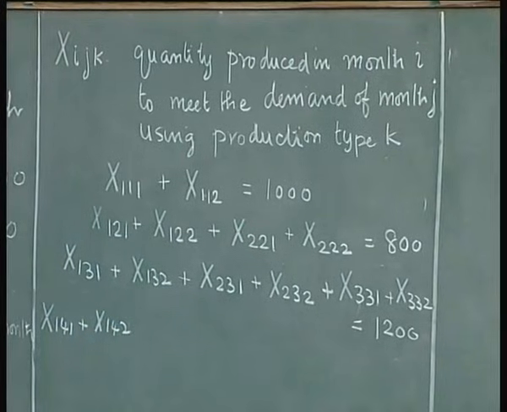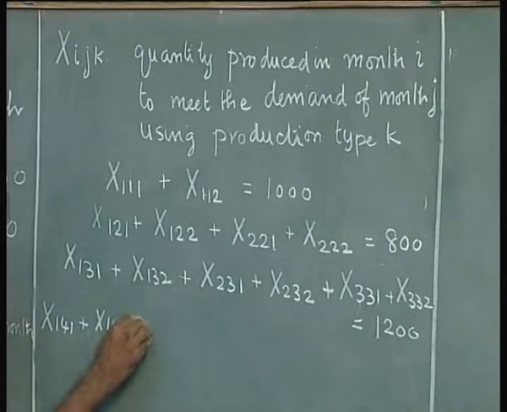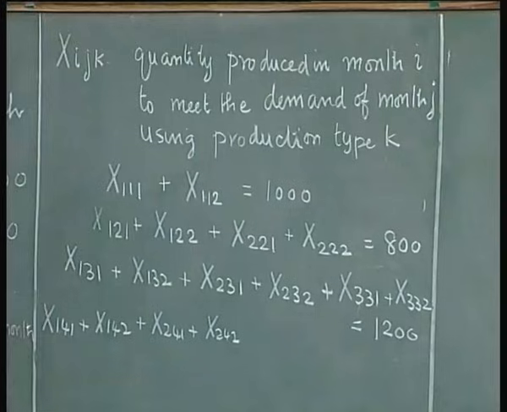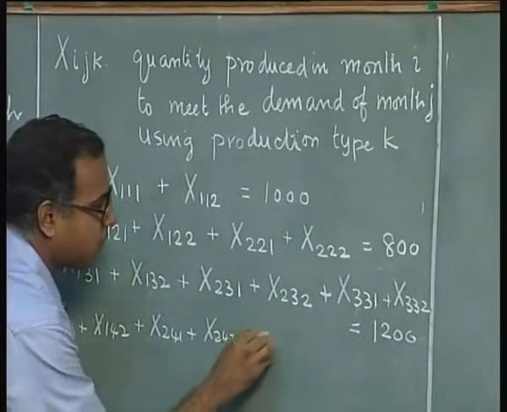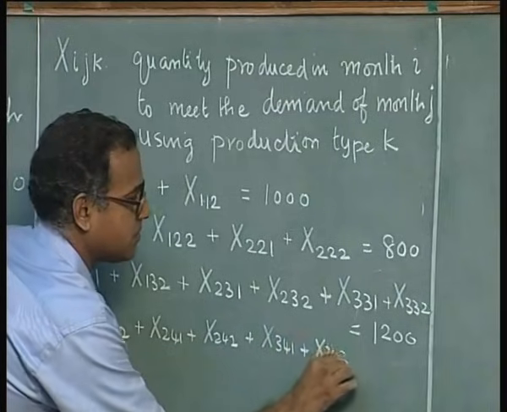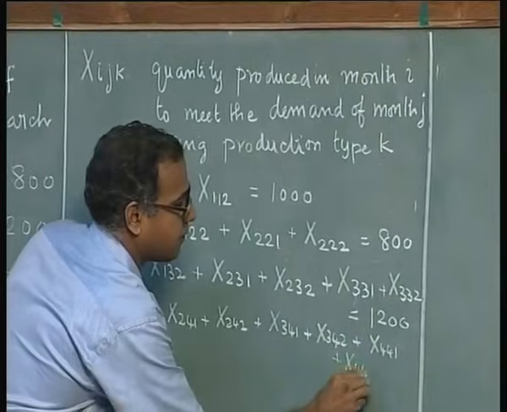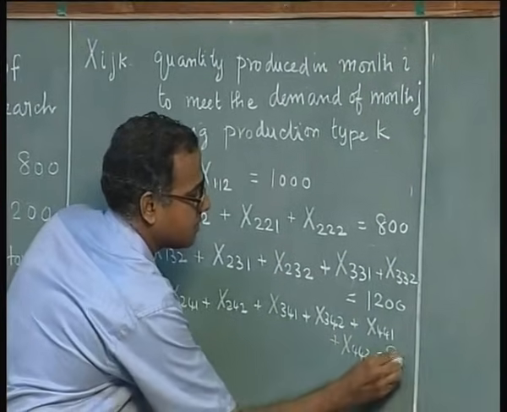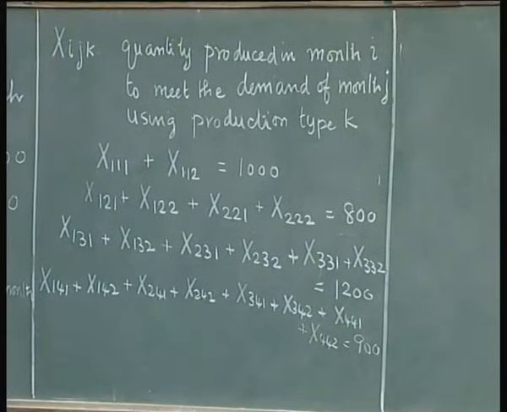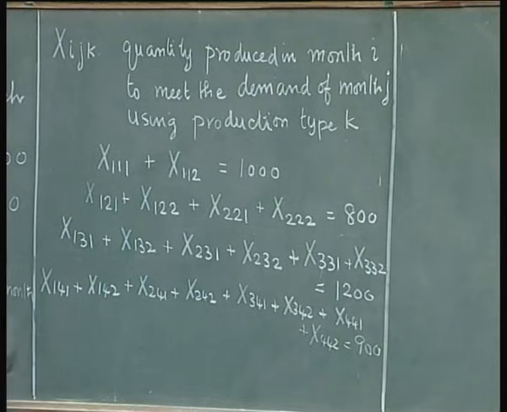This represents producing in the first month to meet the fourth month's demand by 2 types: x241 plus x242 plus x341 plus x342 plus x441 plus x442 is equal to 900. So, we have written the 4 constraints corresponding to the requirement of the 4 months.